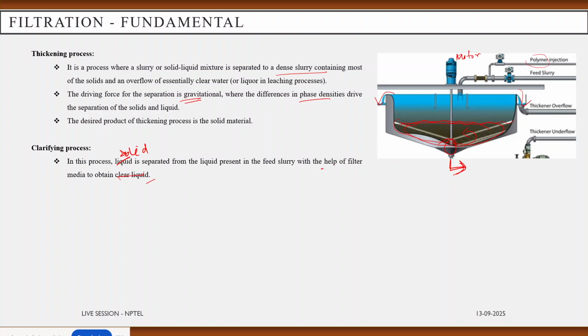So here we are using the filter media to operate this liquid and solid separation process. This process is more like the conventional filtration process that I just discussed in the previous slide. The desired product is obviously clear liquid for the clarifying process.